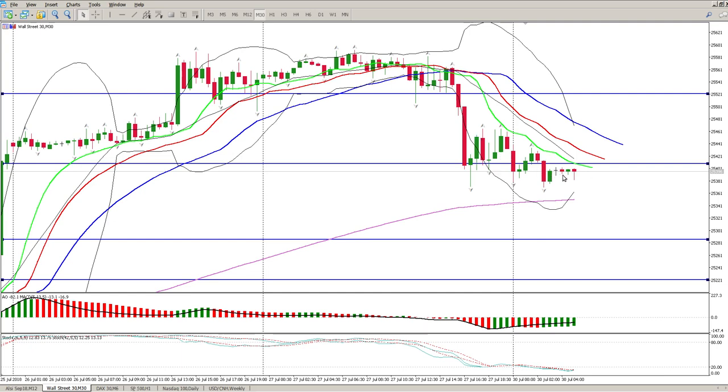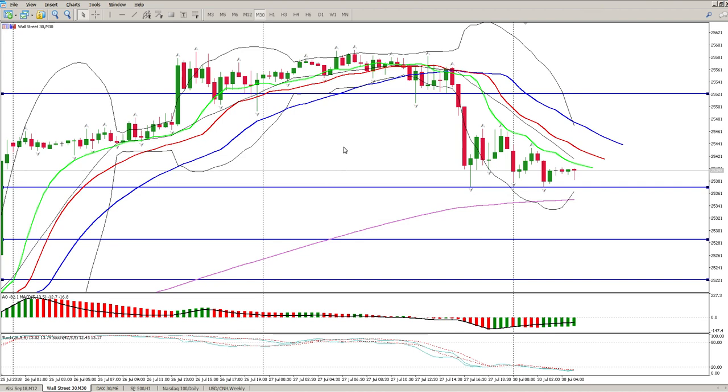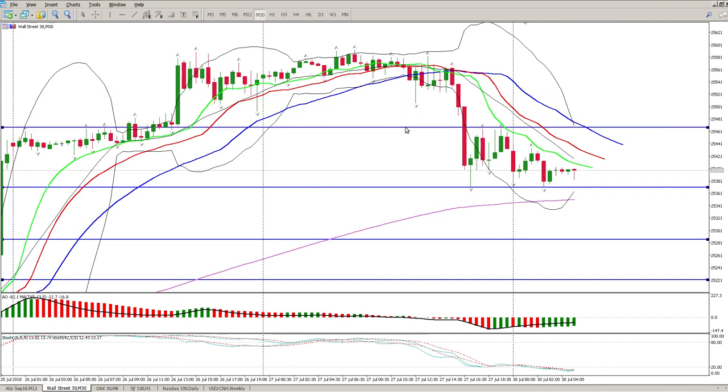Okay, so a couple of warning bells in my head. Our oscillators are grouped to the downside. We do have divergences on the MACD here, and this is on the 30-minute. Let's put that level in. So this is the level that we want to watch on the top side.